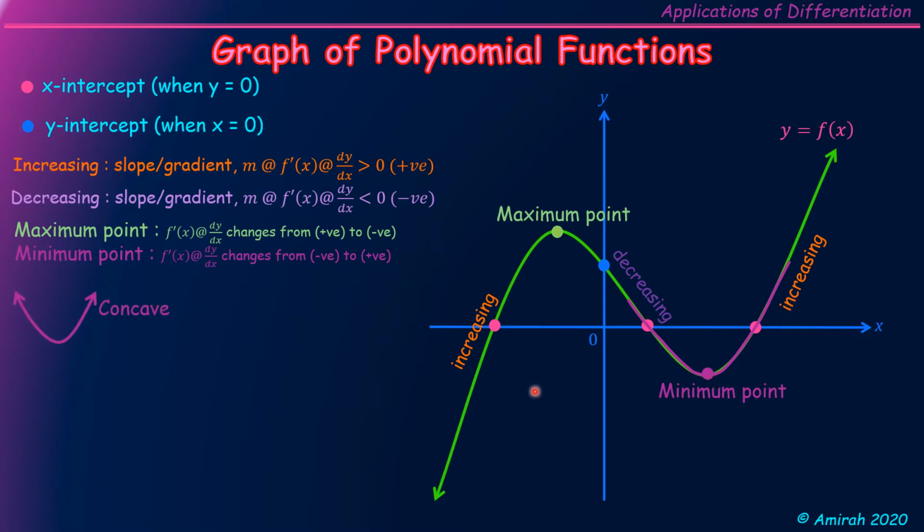And this is called concave up. Concave up happens when the second derivative has positive value. This is called concave down. Concave down happens when the second derivative has negative value or less than 0.